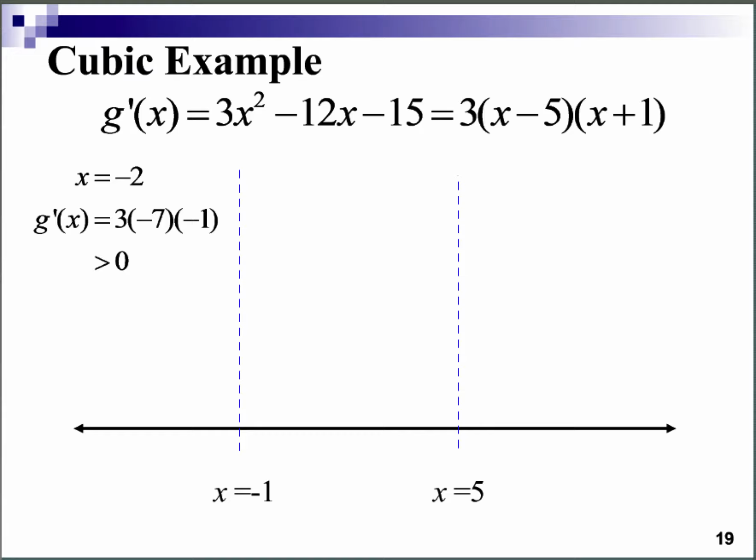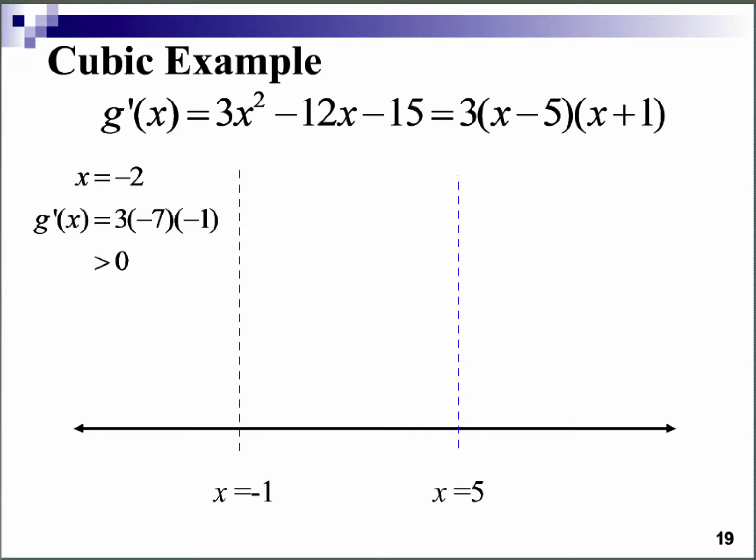If I plug -2 into the parentheses where you see x minus 5, you get -2 minus 5, which is -7, and then -2 plus 1 gives me -1. So now g primed is equal to 3 times -7 times -1. And if you actually multiply that out, you get positive 21.